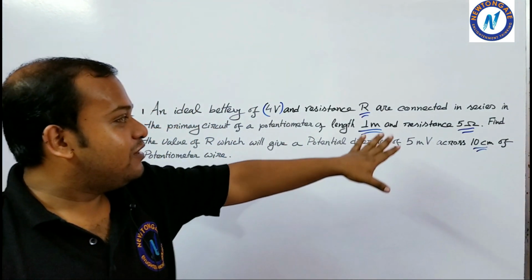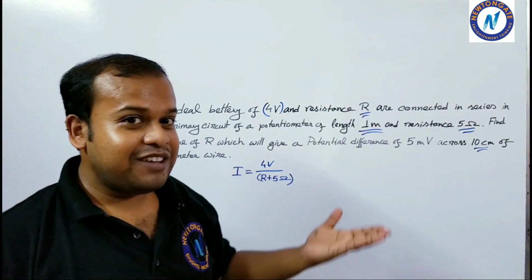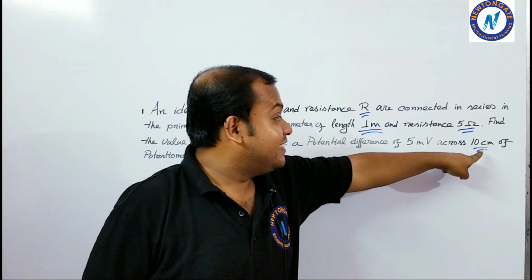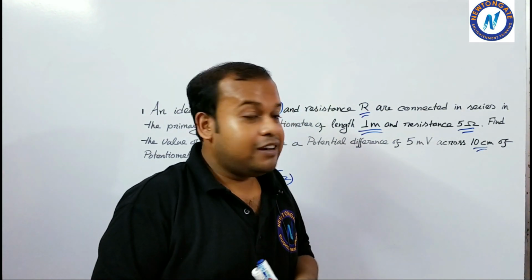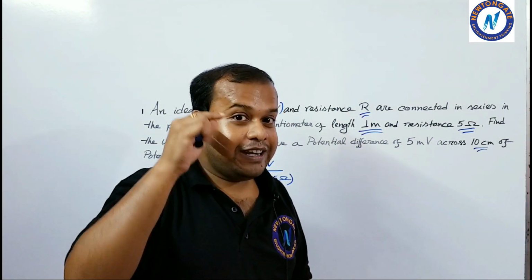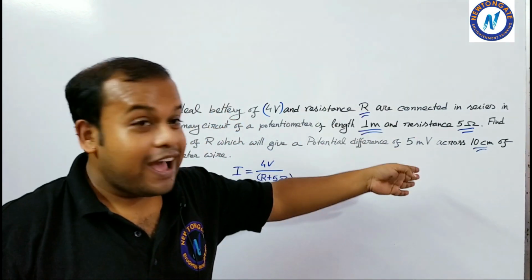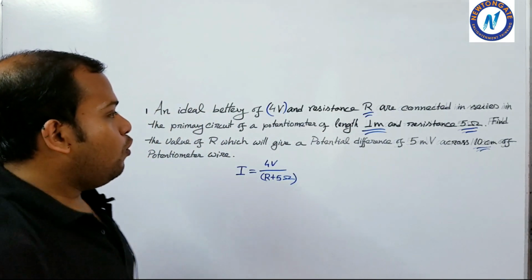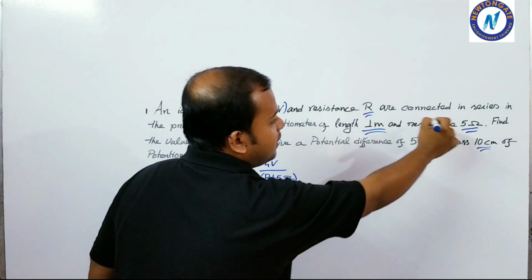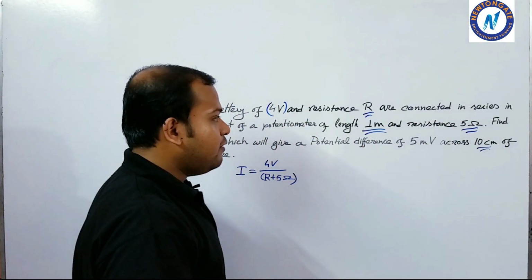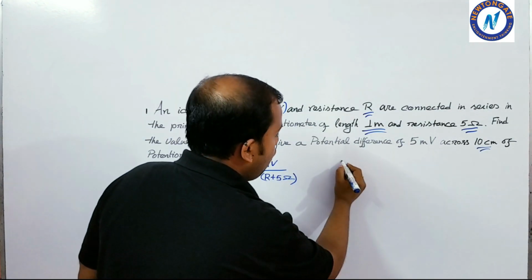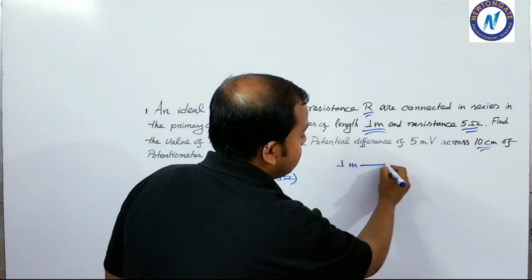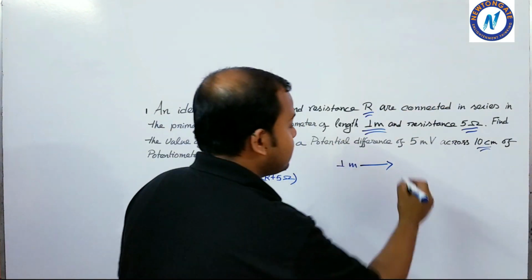The next thing we have to do is find out how much resistance this 10 centimeter wire is contributing. So 1 meter of wire is responsible for 5 ohms of resistance.